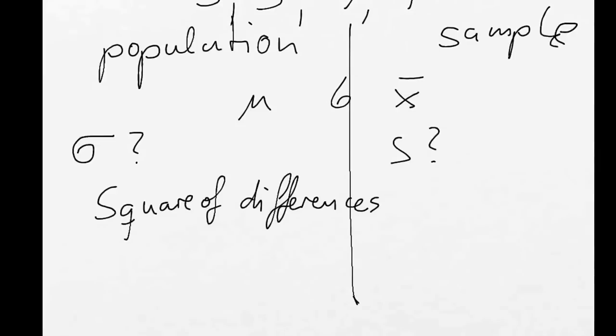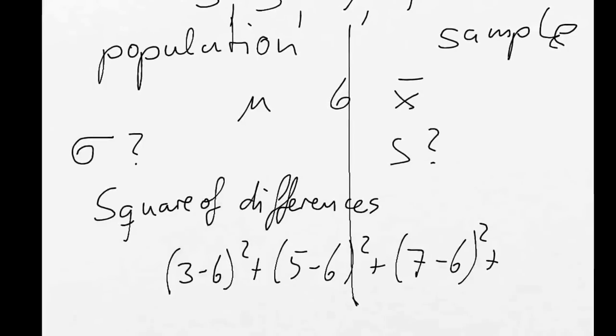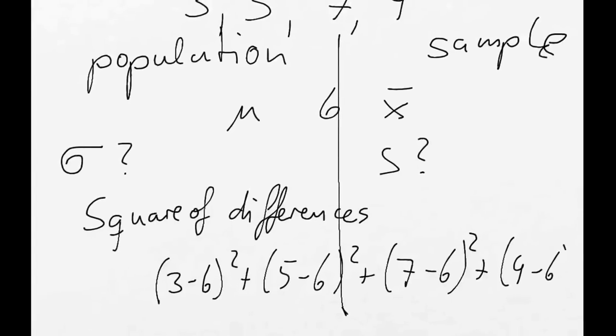So we have 3 minus 6 squared plus 5 minus 6 squared plus 7 minus 6 squared plus 9 minus 6 squared.